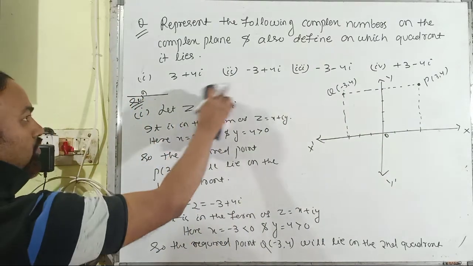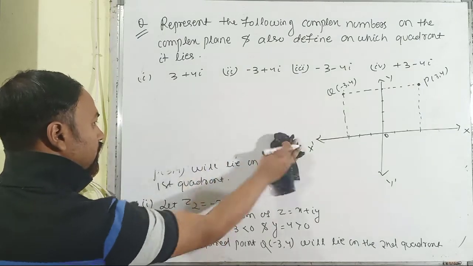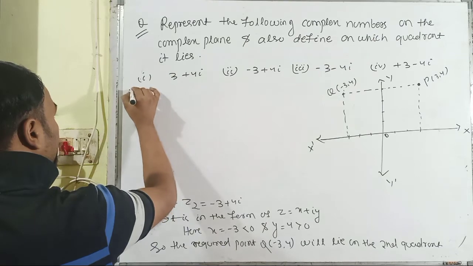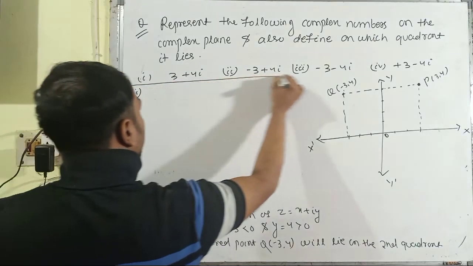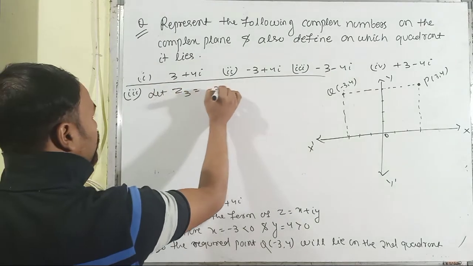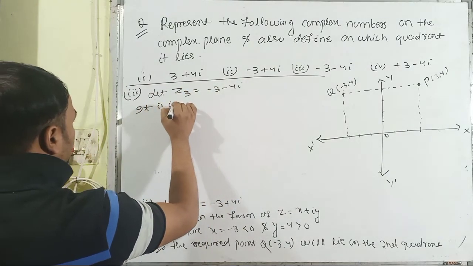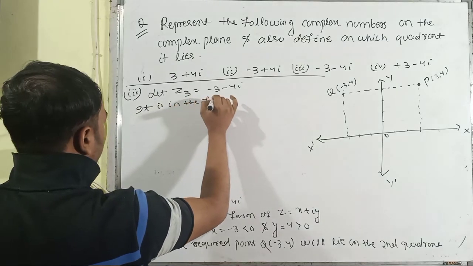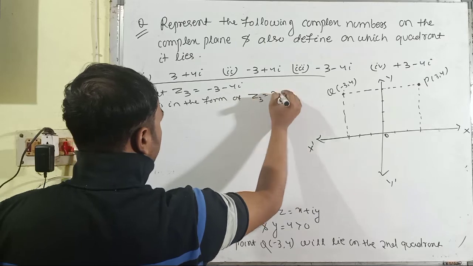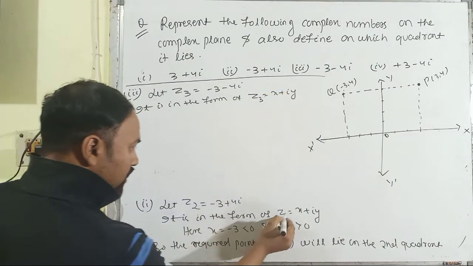Then let us move to the third point. Let z3 is equal to minus 3 minus 4i. It is in the form of z3 is equal to x plus iy.